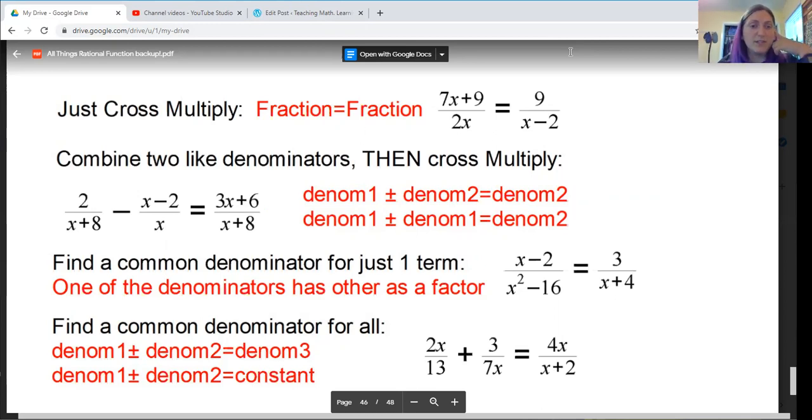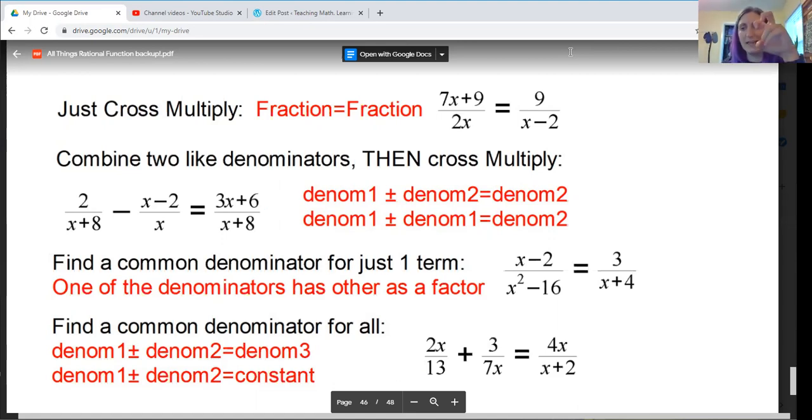What I meant was in the situation where you have a denominator and then you have a different one, but then this one has the same one as this one, or they're flipped around and these two have the same denominator, but this one's got a different one, you can combine the like denominators and cross multiply. That's all I'm trying to say.